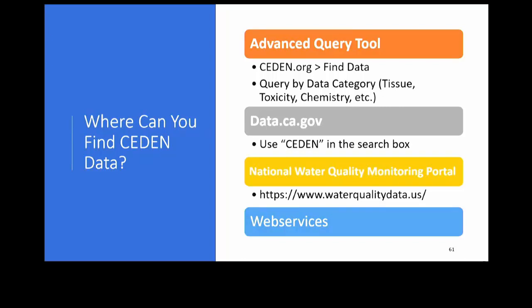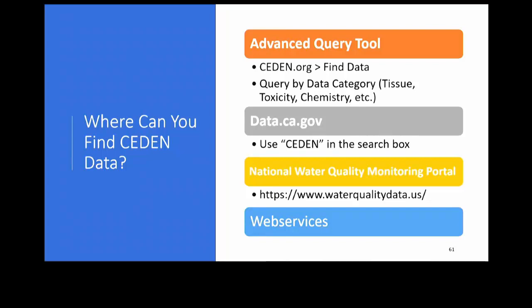Then there's another level, parent project. If they're related kind of one layer down from that, you can query on that. If you have a water body, you can look at our station map and see which stations you might be interested in, and just select those stations to be your query criteria.